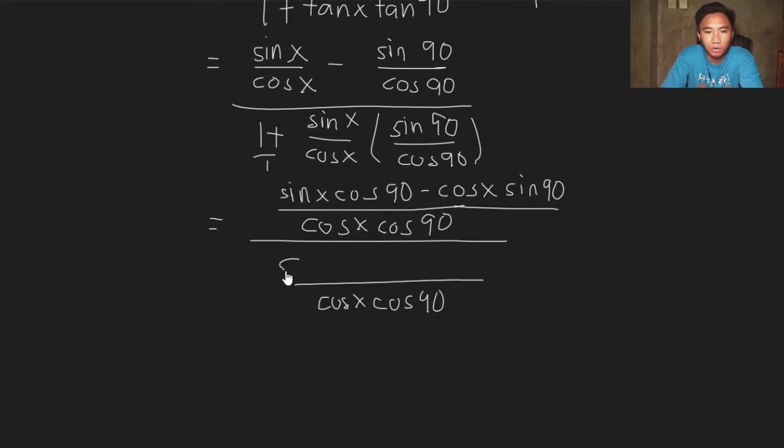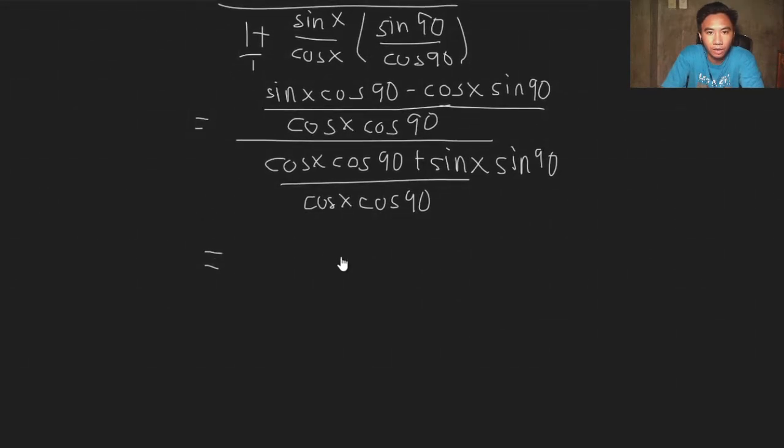So just copy cosine x cosine 90 plus the remaining sine x sine 90. So, our answer will be this.